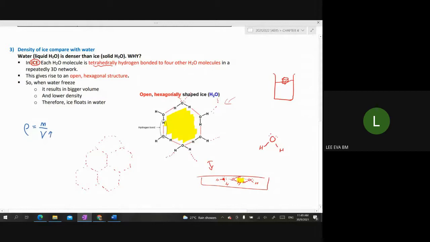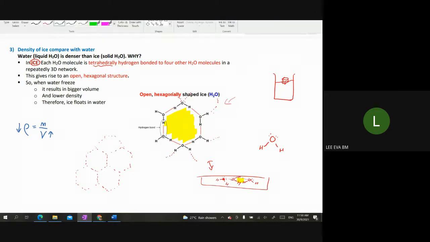The bigger volume in the ice gives you a lower density. Okay, again, in ice, the solid state of water, you have a bigger volume. Reason? Because you have open hexagon shape of the ice. Therefore, you are having a lower density for the ice and result in the ice floating on top of water.